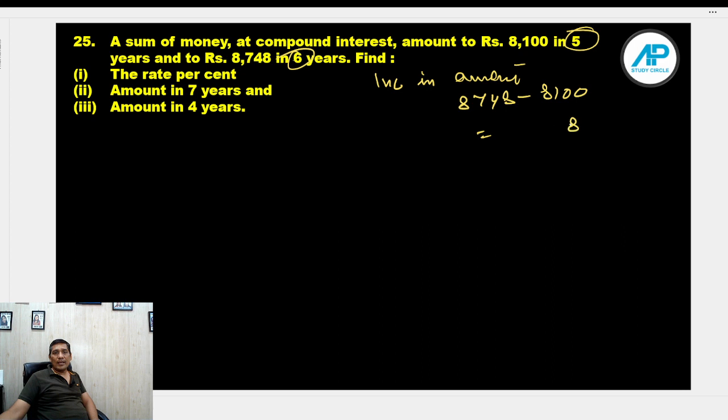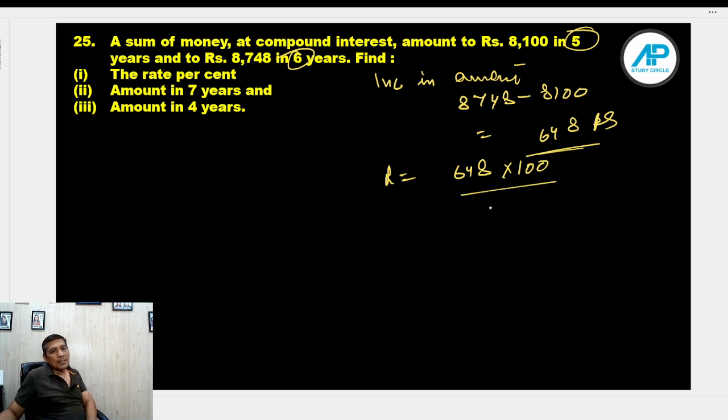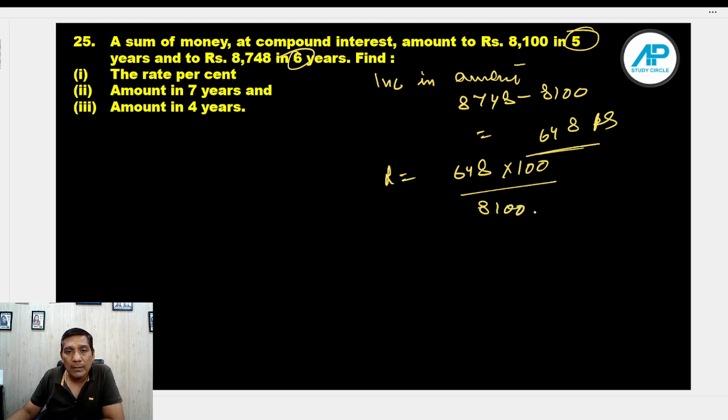It will give me rupees 648, the increase in the value of amount when we go across the 2 consecutive years. So the rate of interest is 648 into 100 upon rupees 8100 into time is 1. I hope you understand this concept.